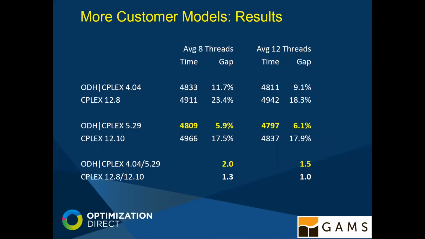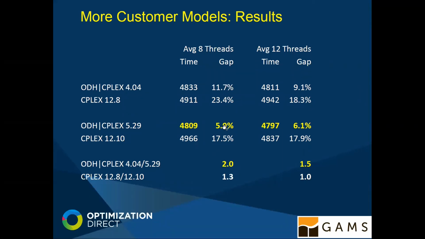Summarizing, if you looked at the average gap presented by ODH CPLEX, it's significantly smaller than that produced by the CPLEX that was run inside it, so 6% versus 17.5%, and it's significantly smaller than it was for release 4.